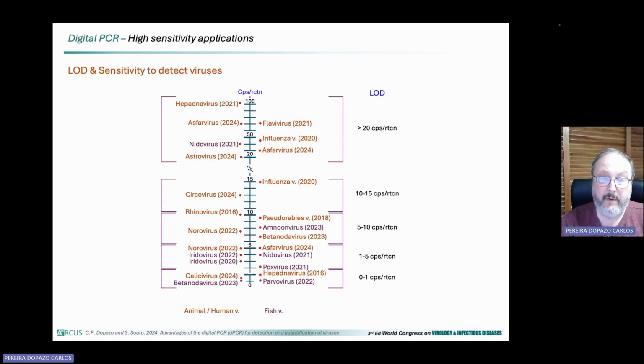Well, using this optimization procedure, we were able to obtain the best limit of detection ever reported in the literature for detection of viruses by digital PCR, 0.1 copies per reaction, which is quite similar to 0.13 for parvovirus by another group.